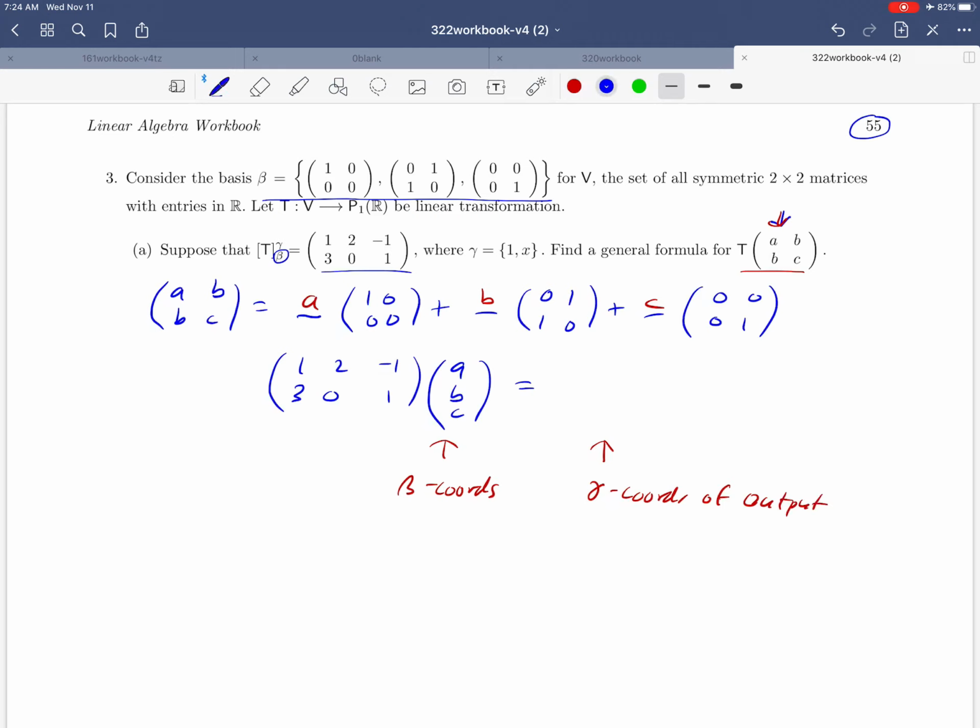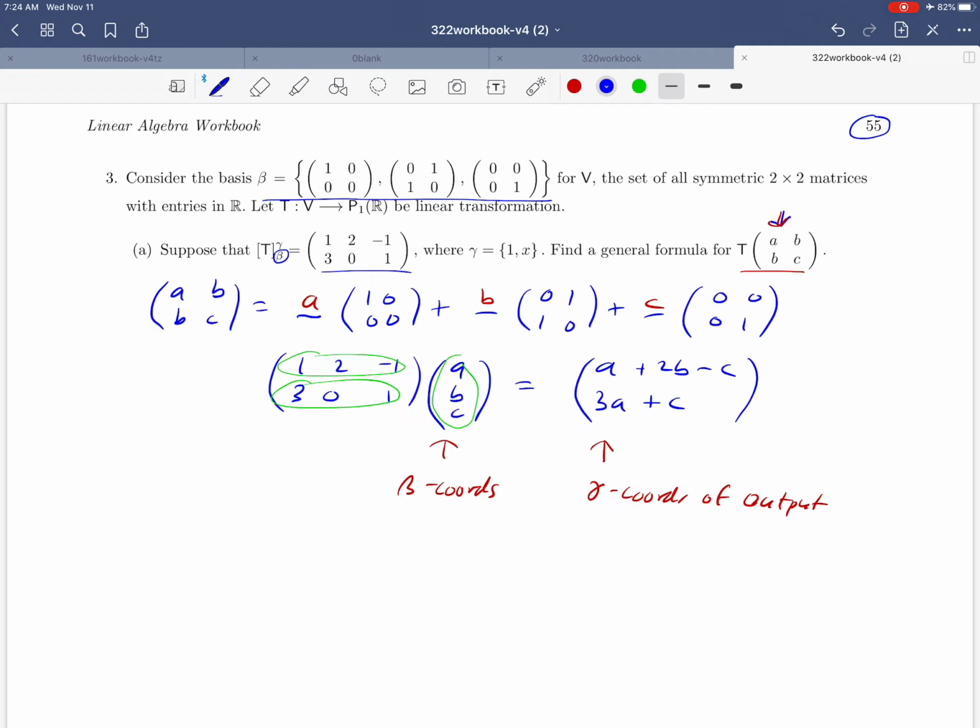We can do matrix multiplication to figure out what's on the right-hand side. We'll start by taking the first row times this column. That's going to give us a plus 2b minus c. And then same thing for the other row, 3, 0, 1 times [a, b, c], that's going to give us 3a plus 0b plus c.